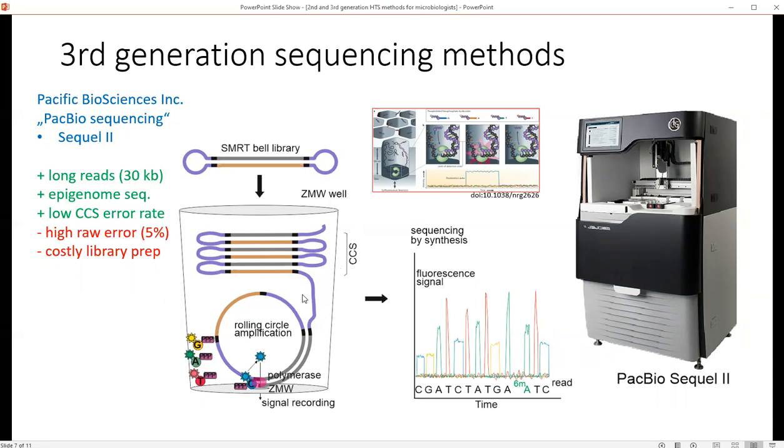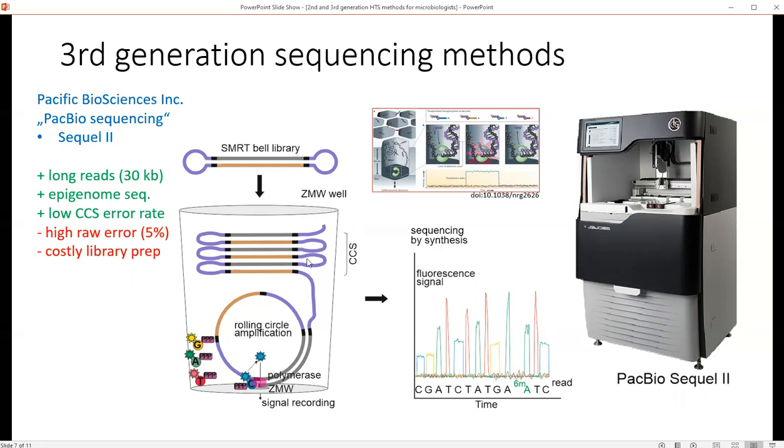This circular molecule is then replicated using rolling circle amplification, so that there will be multiple tens or even hundreds of tandem repeats of the same molecule. And this trick actually adds to the very high quality consensus sequence across all those repeats.